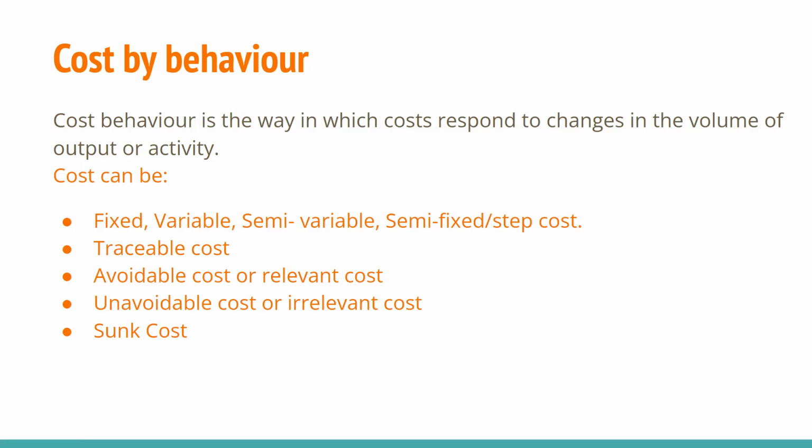So you need to understand what the definitions are for the different types of costs and be able to relate cost items to them. So cost behavior. Cost can be fixed, variable, semi-variable. Another word for semi-variable is mixed. There could be a semi-fixed or what we call a step cost. A step cost works within a particular range.